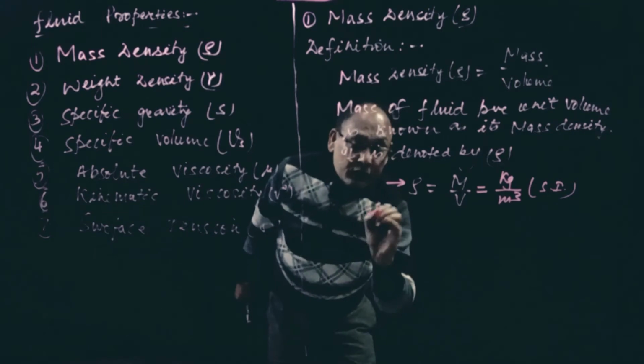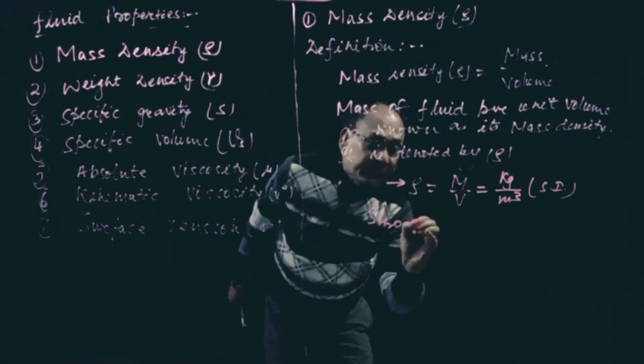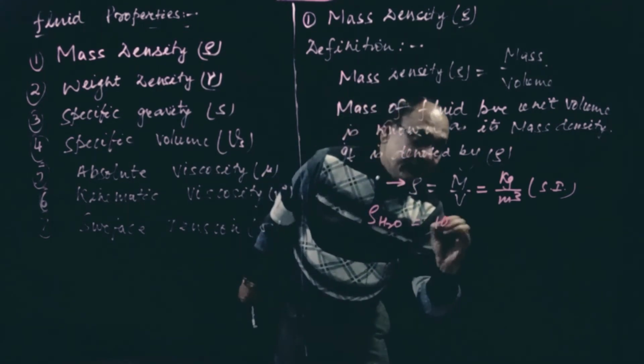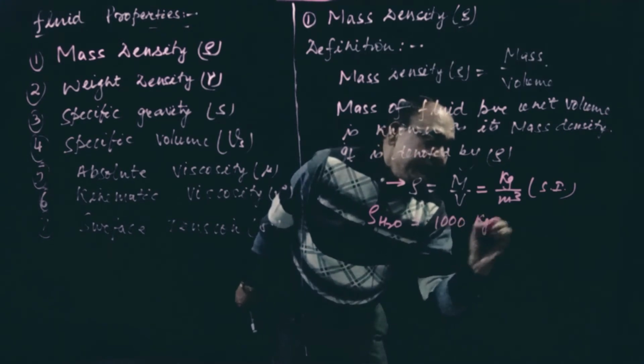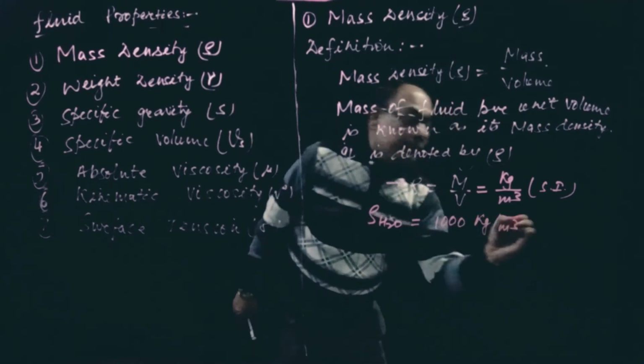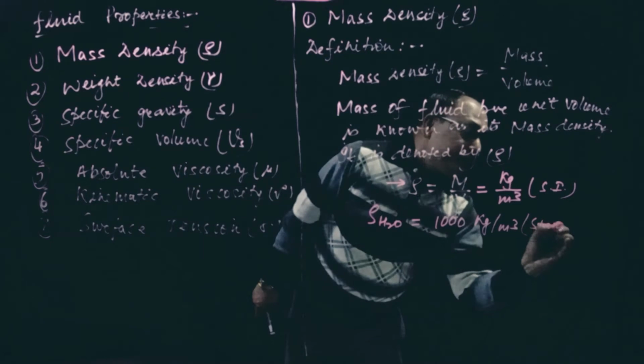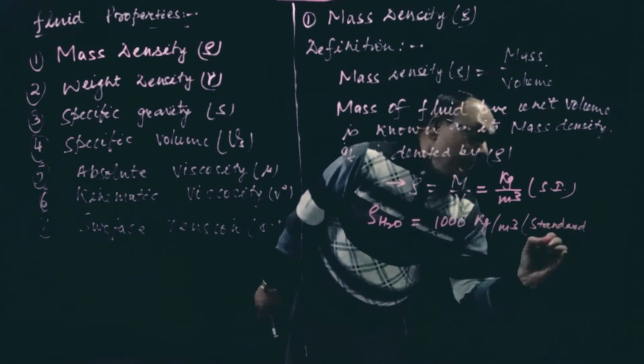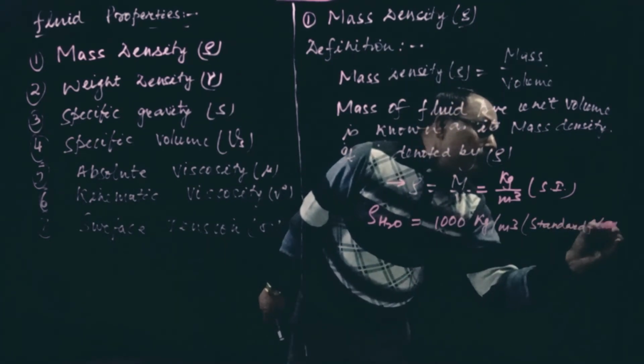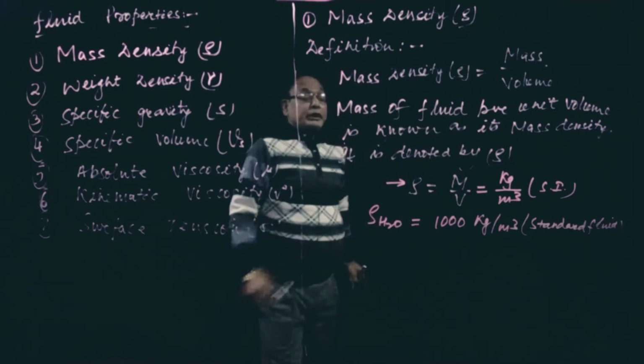Now rho for water, the standard fluid, we have to take as 1000 kg per meter cube. If it is not given, then we have to assume this value.